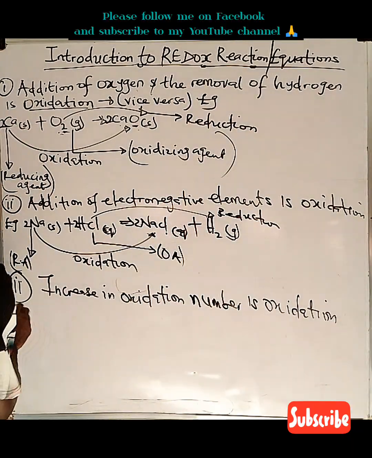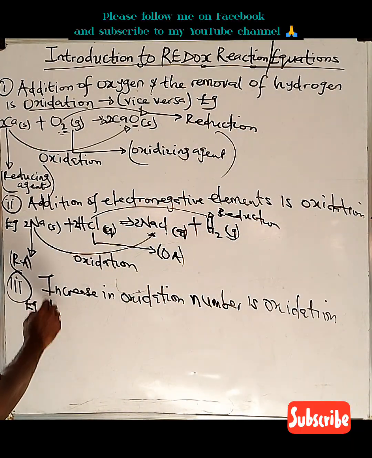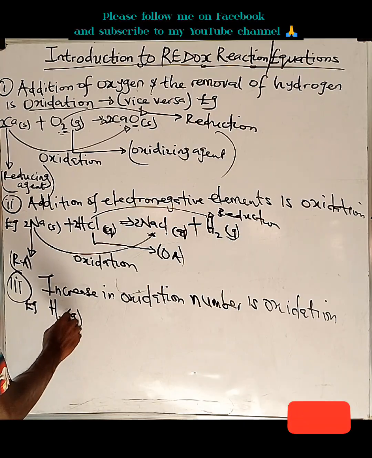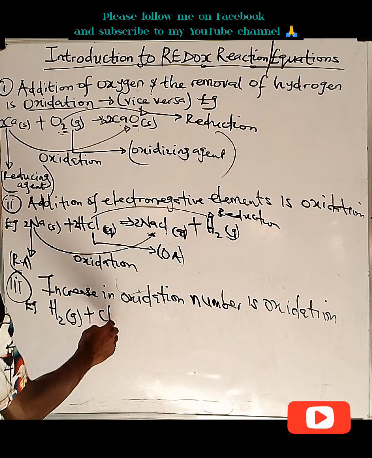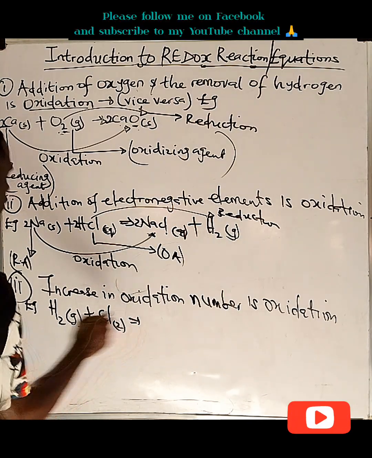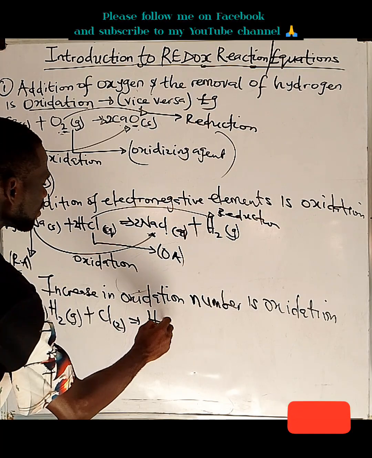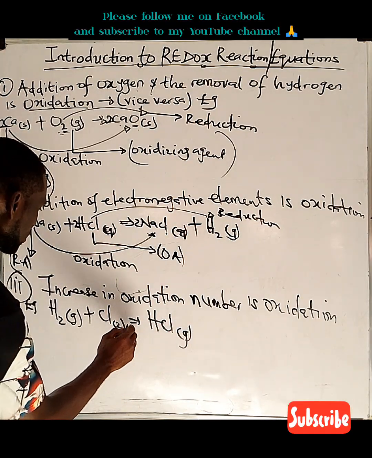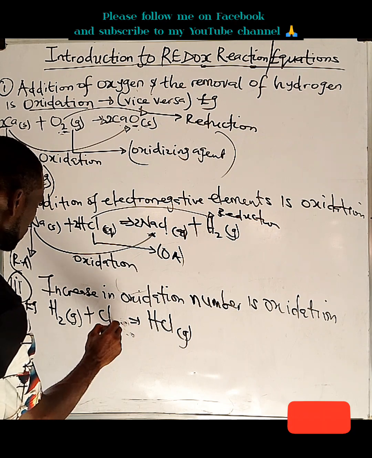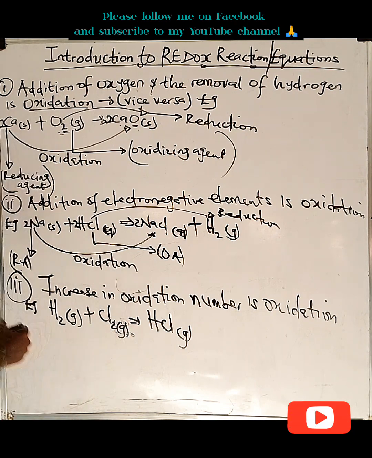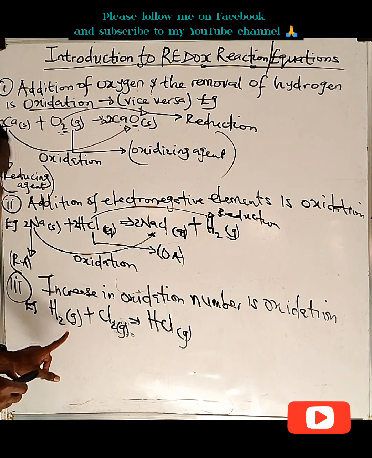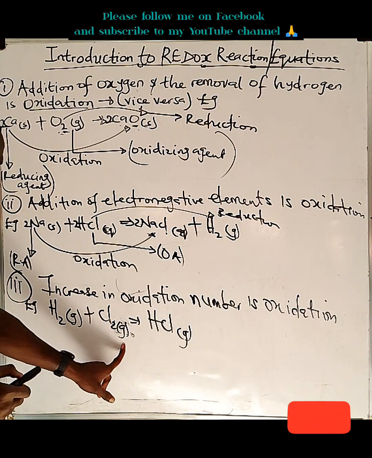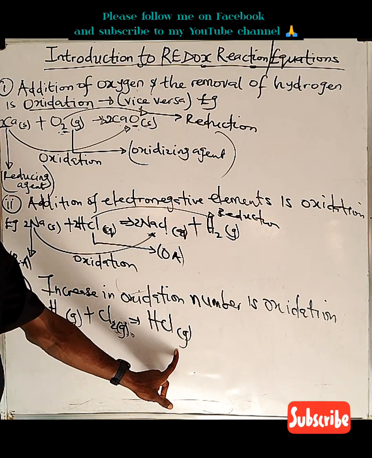So let's have a look at this. We have hydrogen gas, for example, plus chlorine gas, and we end up with HCl gas. Hydrogen is a gas, chlorine is a gas, then HCl is a gas.